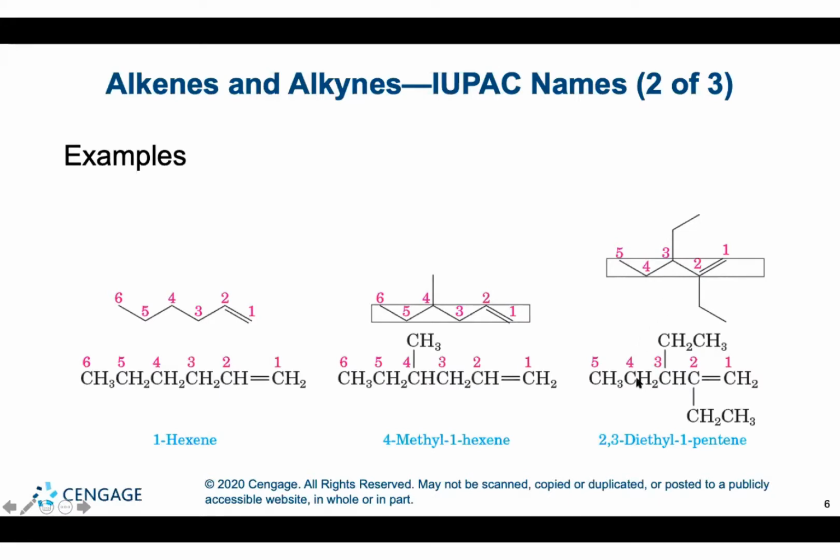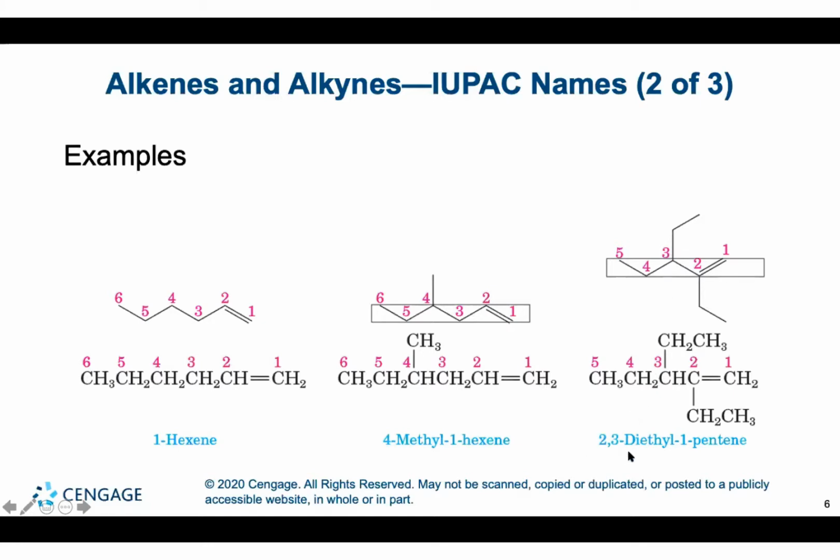We know that the branch is a kid, so it comes first. I have on carbon 2 one ethyl group, and on carbon 3 one ethyl group. So on carbon 2 and carbon 3 I have 2 ethyl groups.